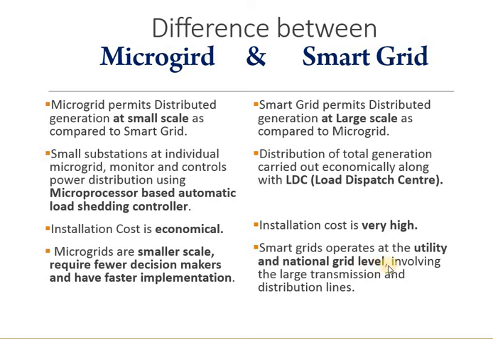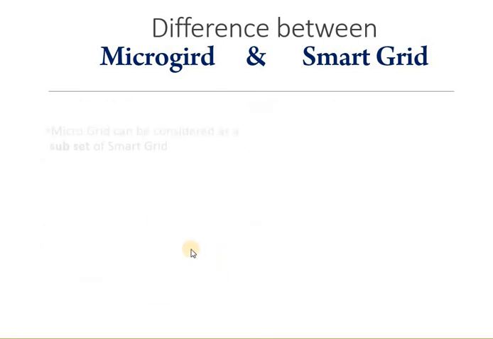These are comparatively bigger than a microgrid. It involves large transmission and distribution lines since it covers very big lands. Here, only a small land area is covered because local power generation is encouraged in a microgrid.